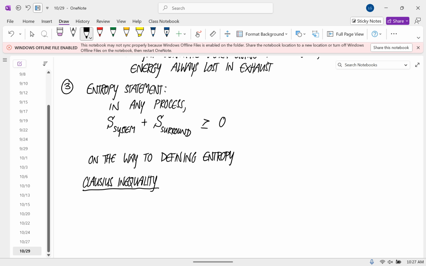So it's mathematically equivalent to the Clausius statement, but it's very different.